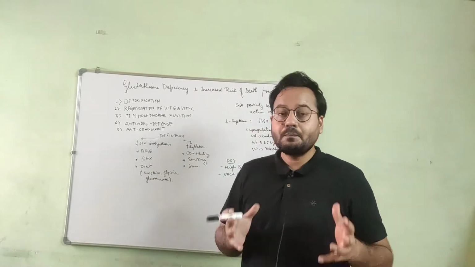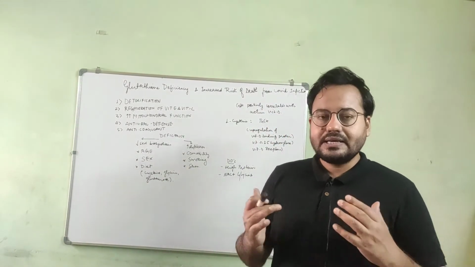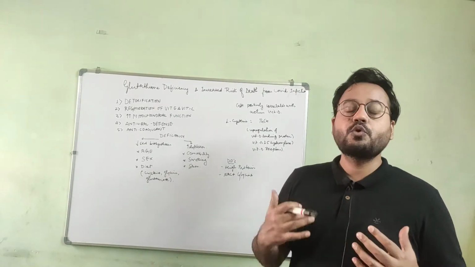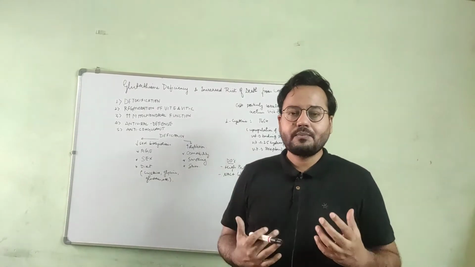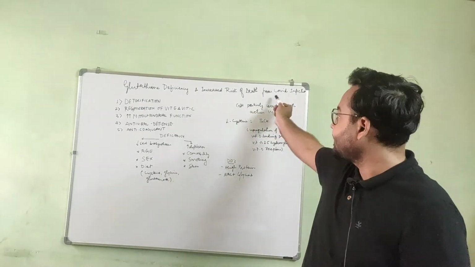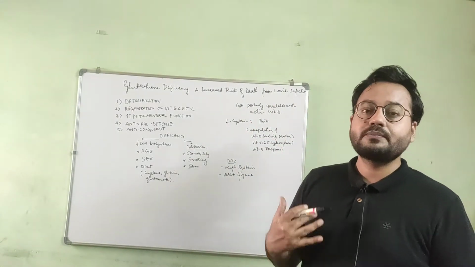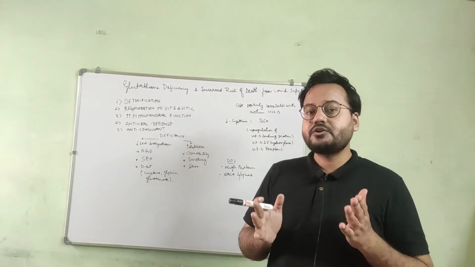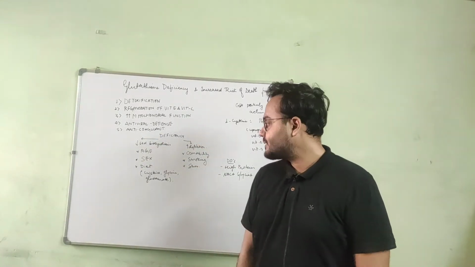Then sex. Males have lower levels of reduced glutathione, and thereby they are more prone to get serious problems. And we saw with COVID that males actually suffered more and died more when compared to females, and this can be attributed to glutathione deficiency.